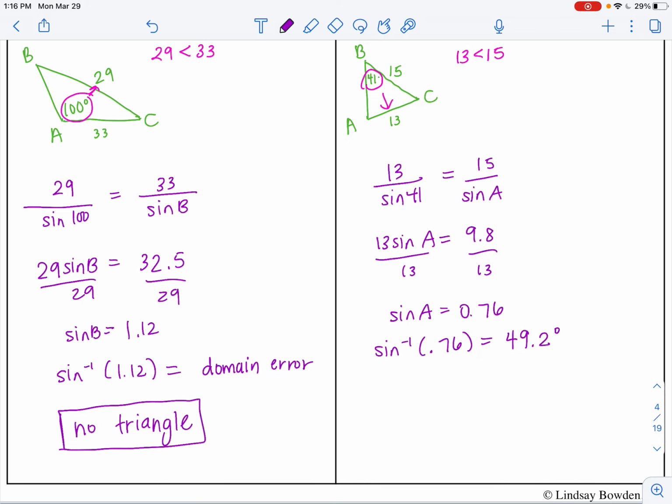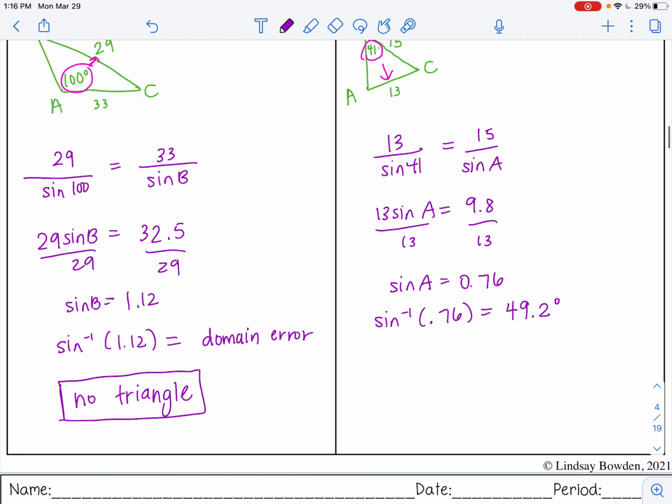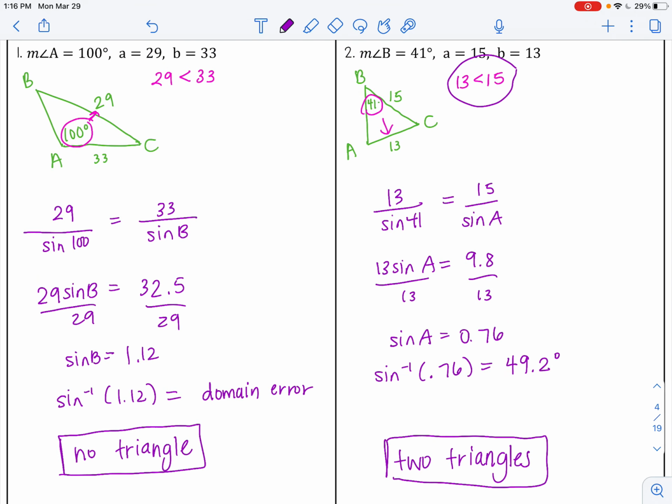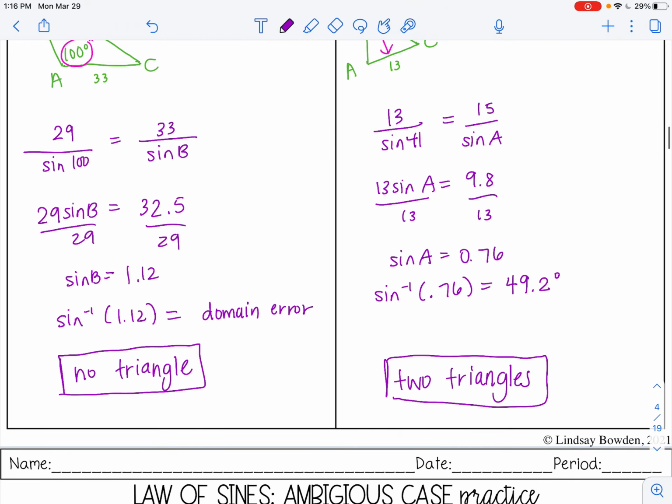So because I was able to actually find an angle, that means there are 2 possible triangles here. And I know there are 2 because the side across from the given angle is less than the other side. And the 2 possible triangles would be 49.2 degrees for A, or the supplement of that, 130.8 degrees for A. Both of those would work in this case.